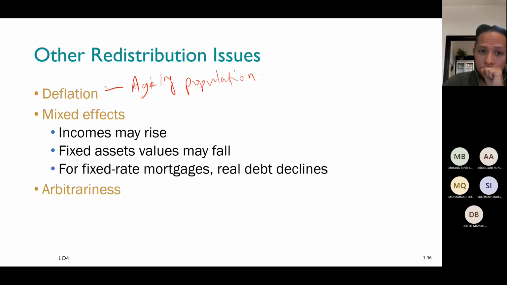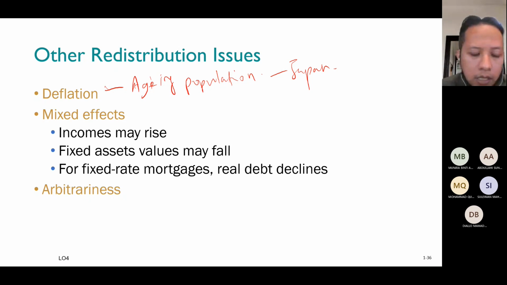If you go to Japan, for example, in most areas the prices of goods and services have not changed much, maybe around 1% or 2% inflation. But in certain areas, prices have gone down a lot, especially real estate property.